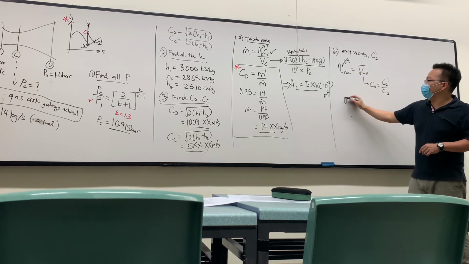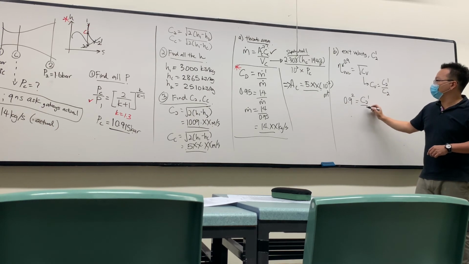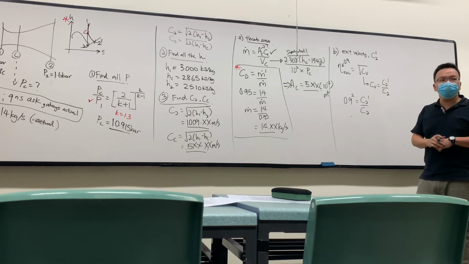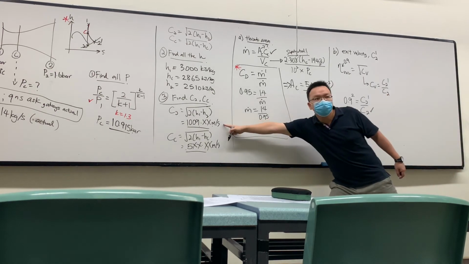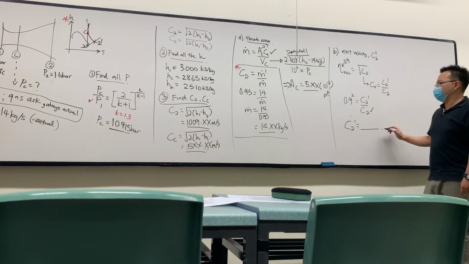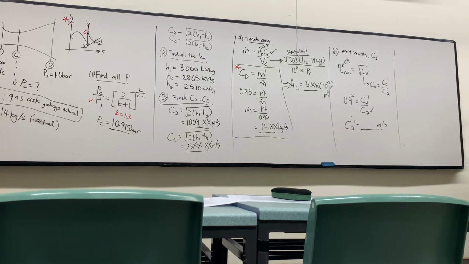This means that 0.9 squared equals C2 prime over C2. Do you have C2? Yes. So you need to solve for C2 prime. Done. So now you only have part C left.